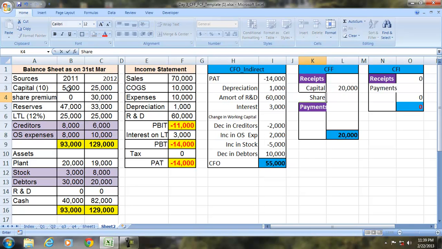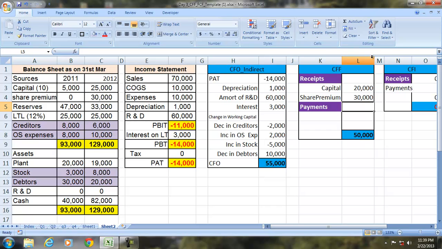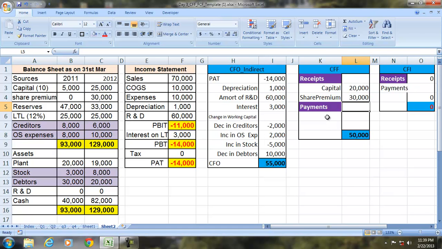The share premium is 30,000, which means we have issued shares at a premium of 30,000. So capital issued during the period at a premium is 30,000. There are no other receipts because the reserves and the long-term liabilities remain the same.